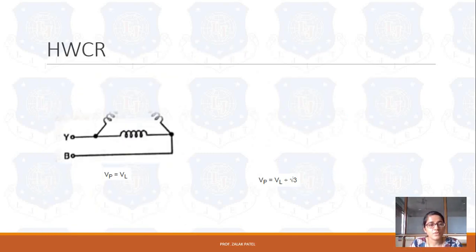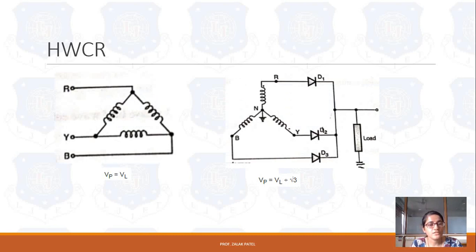Now let's discuss the HWCR two figures. Here the delta connection and star connection are seen. This first figure is of the delta connection. If it is connected in delta, then the phase voltage is equal to the line voltage, and the phase current IP is equal to the line current divided by √3, meaning IP is equal to IL upon √3.